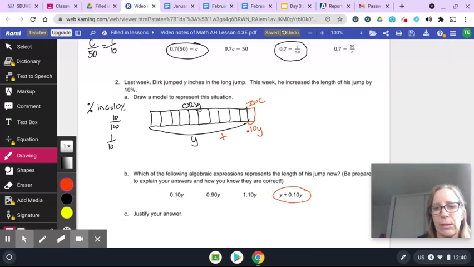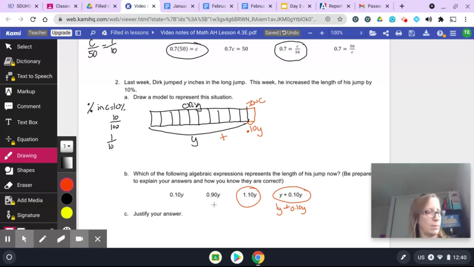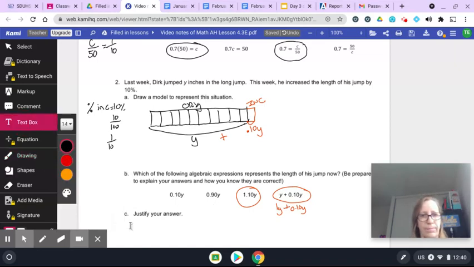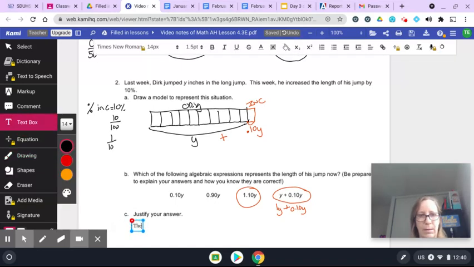If I combine like terms, if I remember that this is 1y plus 0.10y, and I combine like terms, I get 110% of y. Here, this is just the increase. Here, they actually decreased it. Okay, so we have to explain our answers. The first choice is just the increase.